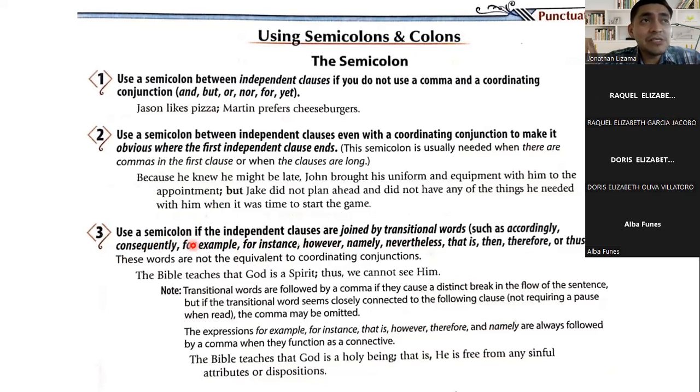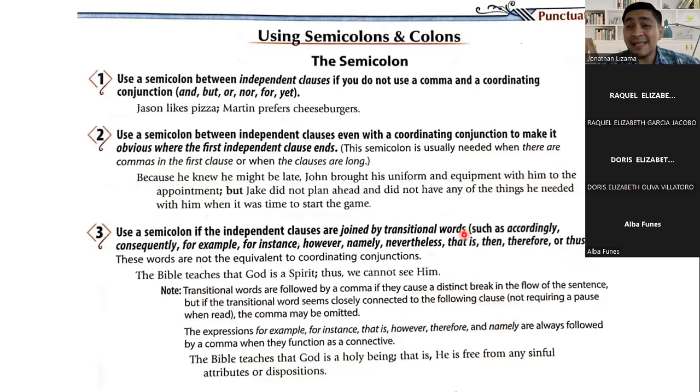Las transitional words, les decía, son palabras como however, hence, therefore. Bueno, ahí hay varias. Dicen acá, such as accordingly, consequently, for example, for instance, however, namely, nevertheless, that is, then, therefore, or thus. Todas ellas se les conocen como transitional words. Usted puede buscar en Google lista de transitional words y le va a salir un montón.